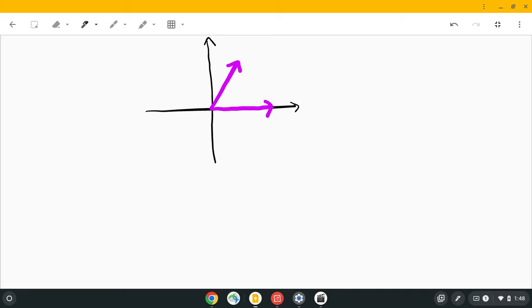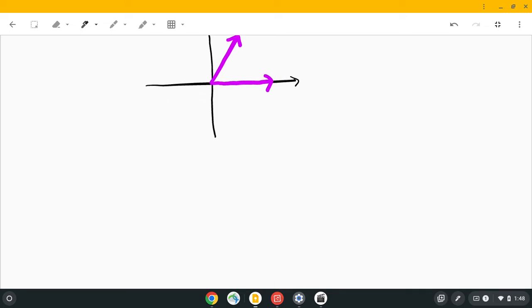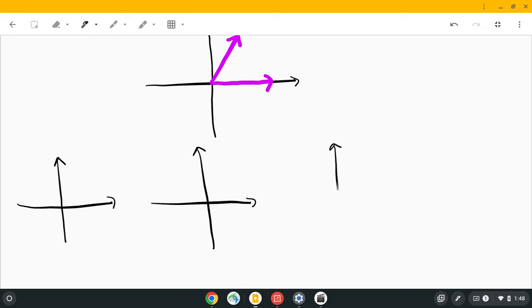So let me show you what that looks like. Let me draw the 4 scenarios: 1, 2, 3, and 4.